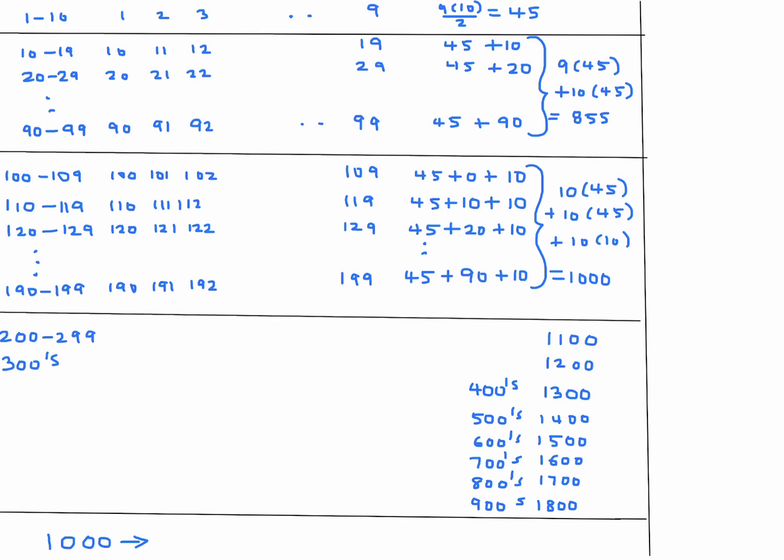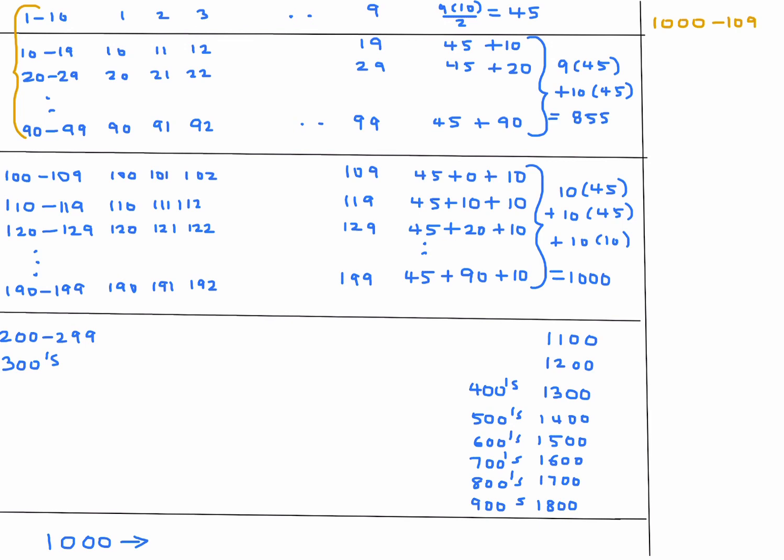If you look at this range right here, that was from 1 to 99. Once you pass 1,000 and you get to the range 1,000 to 1,099, all the digits, when you add them together, will be exactly the same. The only difference is that the numbers all will have a 1 before them.